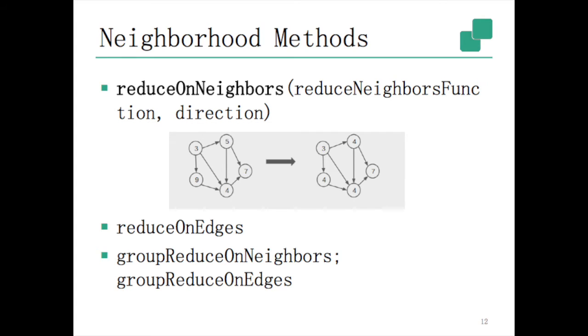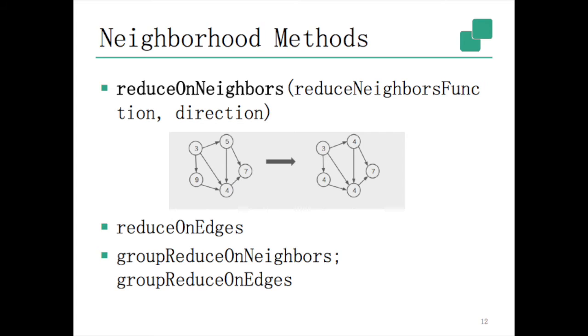What this function does is that it looks at the out neighbors of each vertex. So for 3, it looks at 5, 4, and 9, and it picks the minimum. In this case, it's 4. But actually, 4 does not improve 3. It's not lower than 3. So 3 keeps its value.